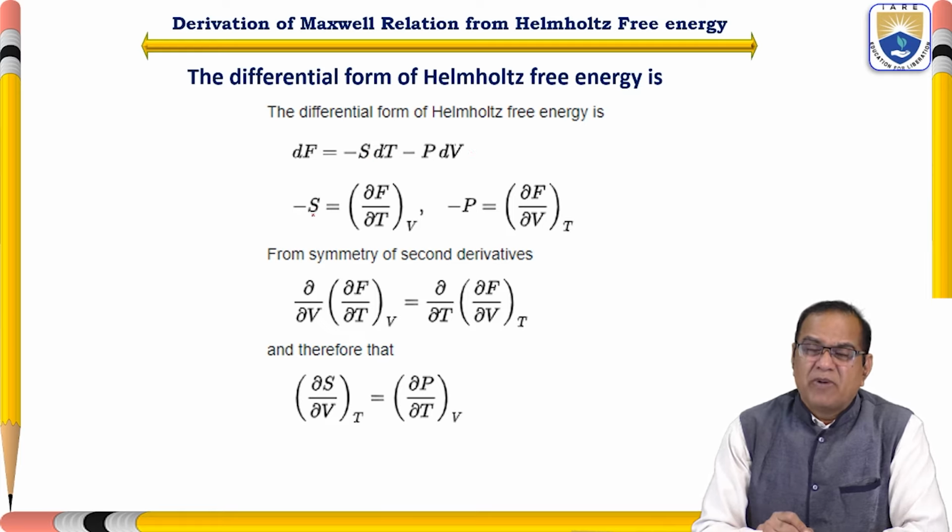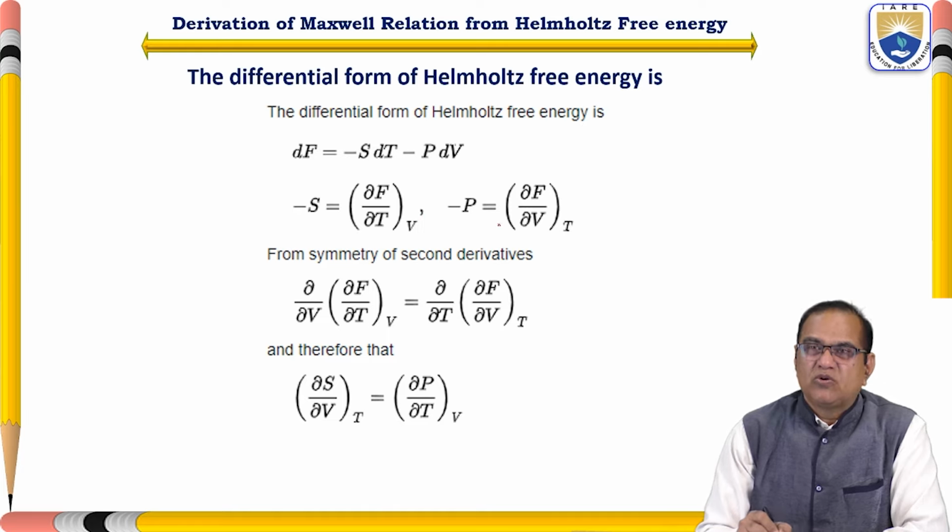So we have seen that minus S is equal to ∂F/∂T when V is constant, and minus P is equal to ∂F/∂V when T is constant.